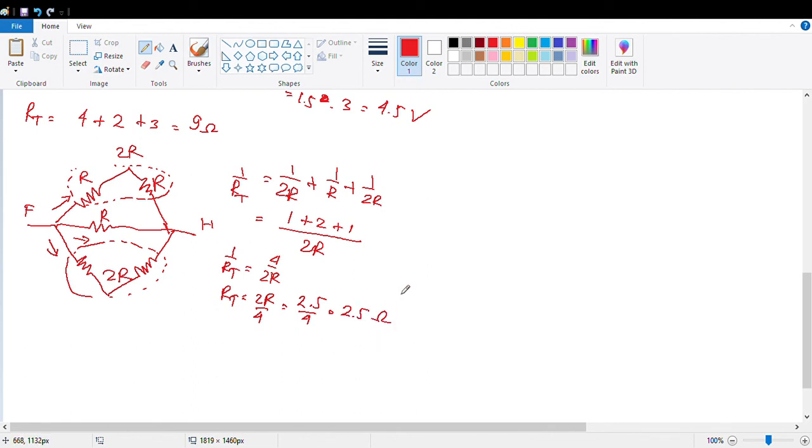Okay, next is finding it if passed through F and G. So I draw again the new one.